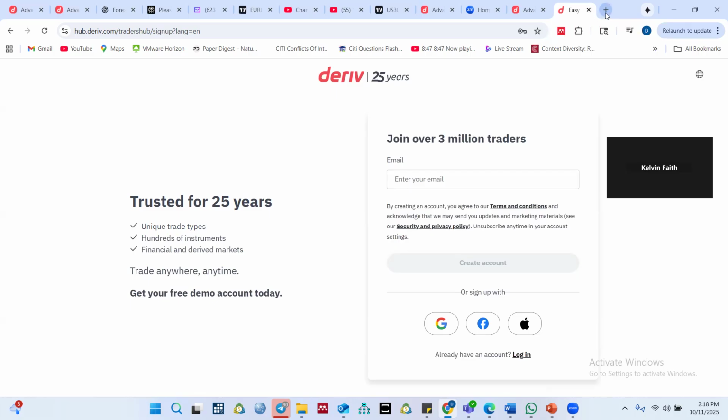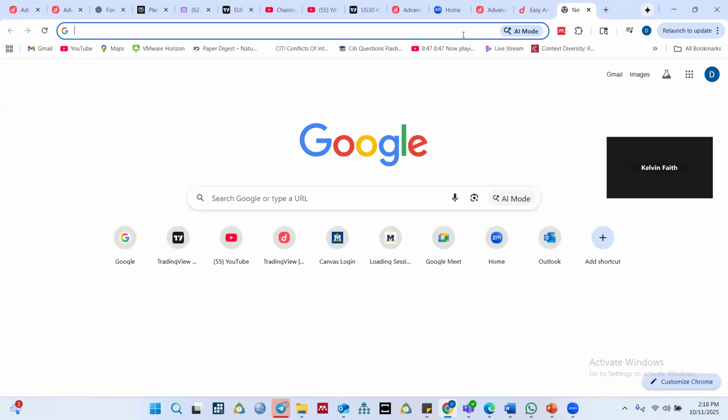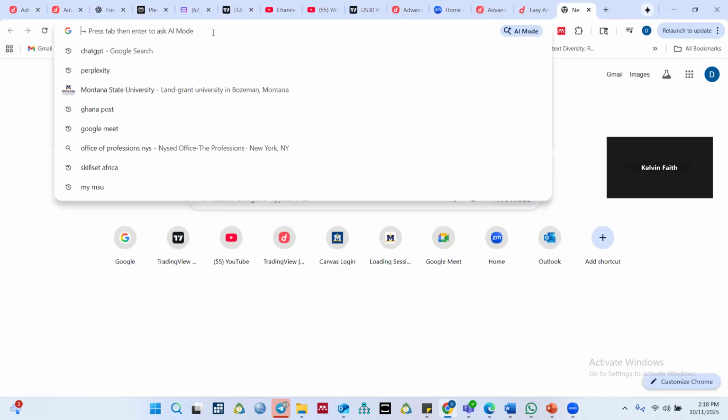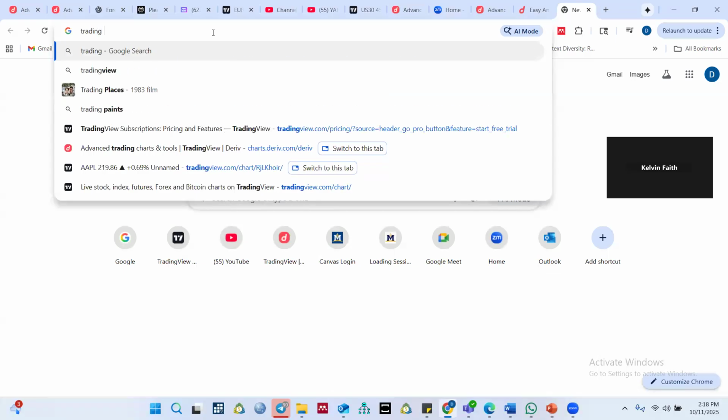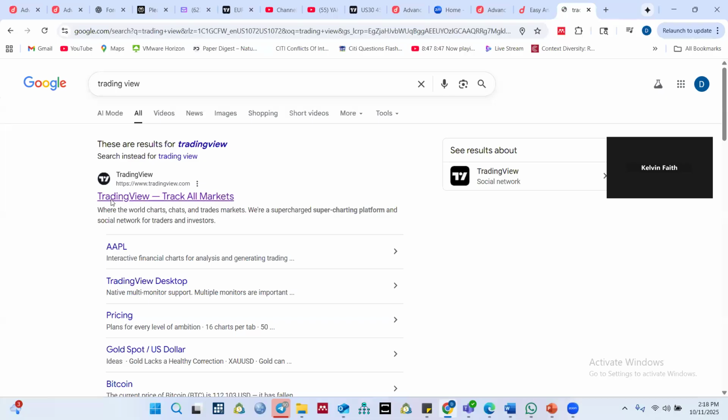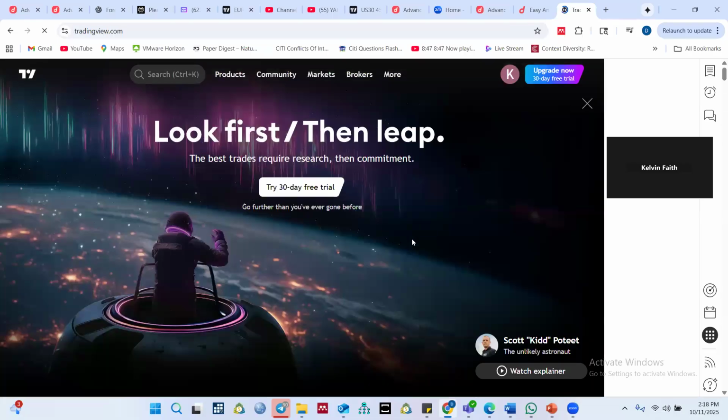For TradingView, it's also simple. You can just type TradingView in your search bar, open it, and click on TradingView. That's it.